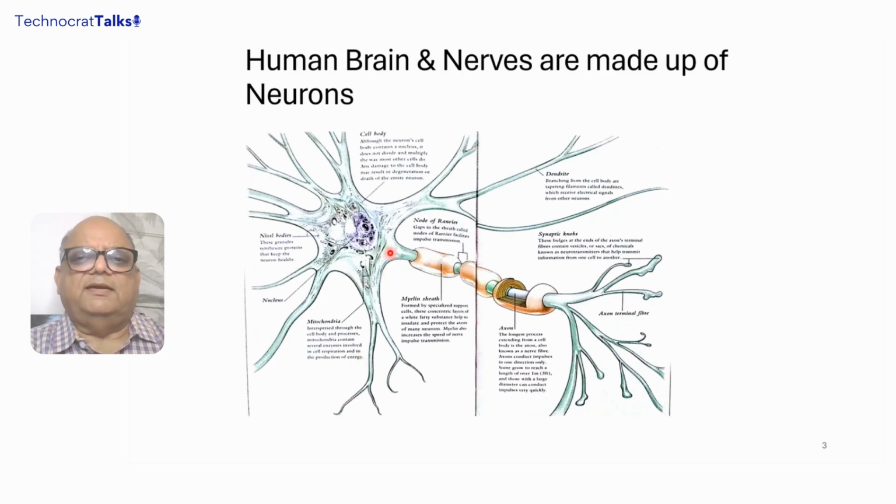Then there is a thicker output process that is called the axon. It is like a long cable which also has, in some sections, insulation to prevent leakage.